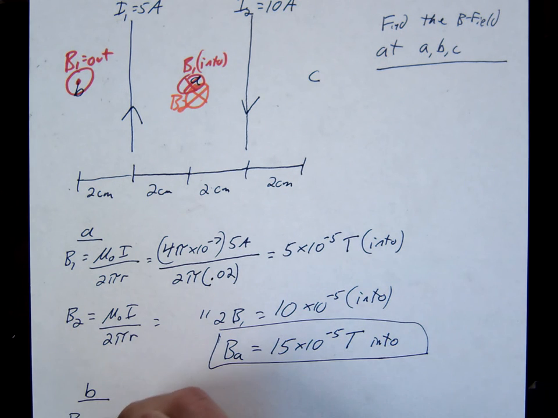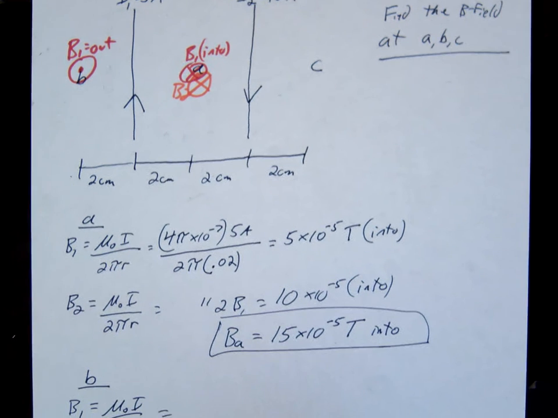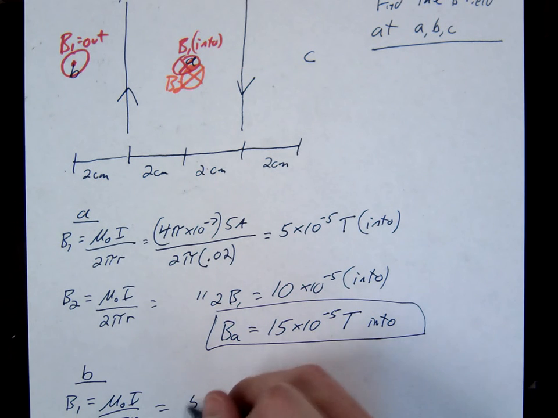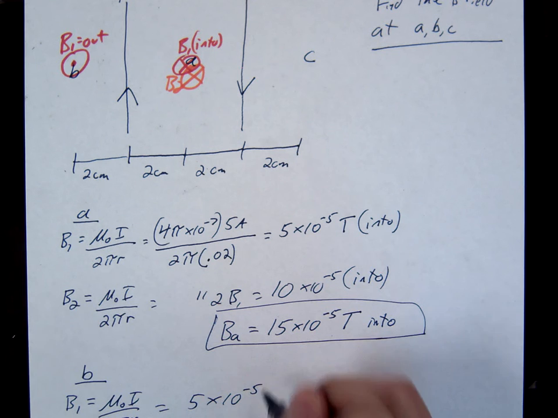So notice B1, because the numbers are all the same, is going to give us the exact same number as before. The distance is still the same. Remember, in a full circle all the way around, it's going to have the same field. The only difference is the direction now is going to be out. So B1 should be 5 times 10 to the negative 5th Tesla coming out.